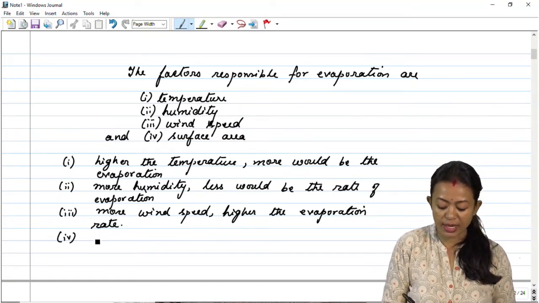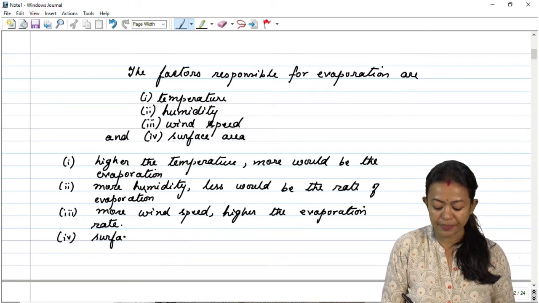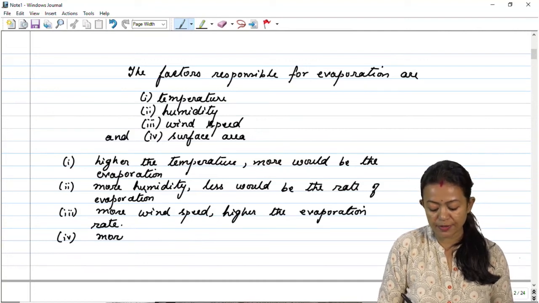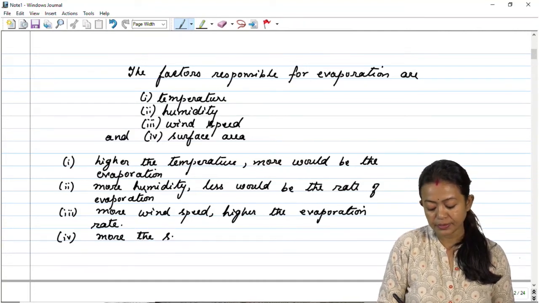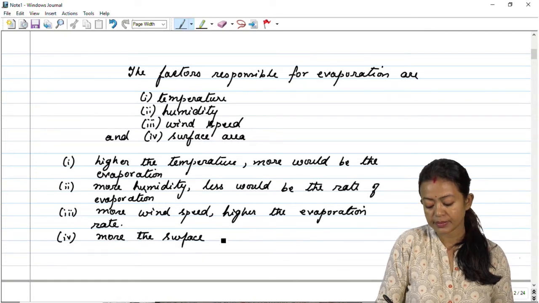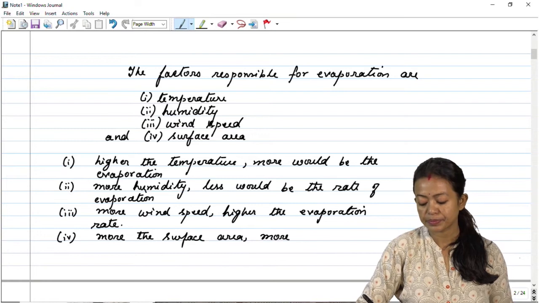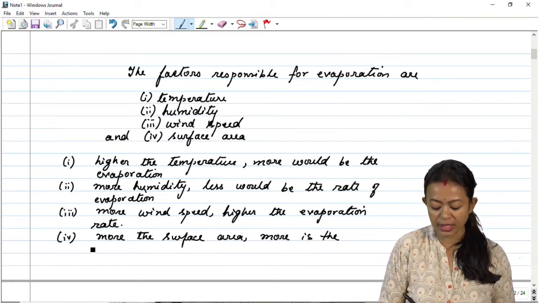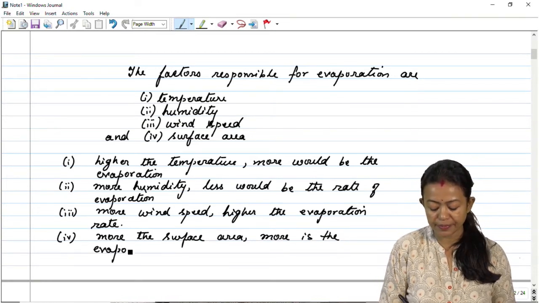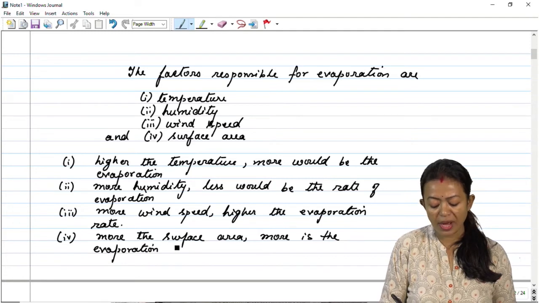Whereas the last one is the surface area. The more the surface area, the more is the evaporation rate. Why is it?